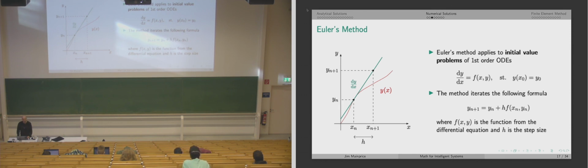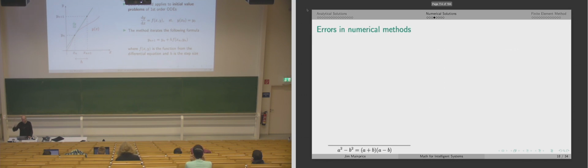The method simply iterates by computing the value of the differential equation, meaning the derivative of the dependent variable with respect to the independent variable at the point x n, and integrating that with respect to a little step forward in the independent variable. Okay? Very basic. We have a specification of how the first order derivative behaves with respect to x and y. We calculate that numerically, and then we integrate that forward.